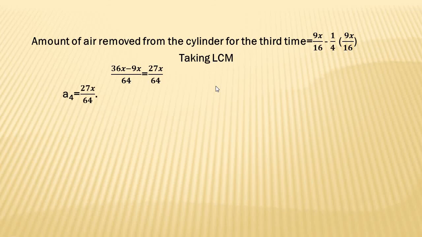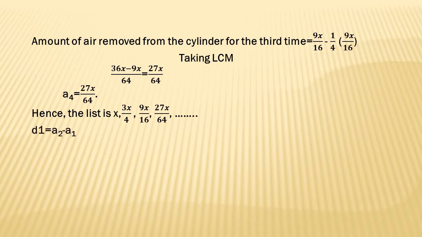Now as we found out all the four terms, we got the list, right? Here we get the list of this situation, with the list being x, 3x by 4, 9x by 16 and 27x by 64. Now we have to check whether this list does form an AP or not.